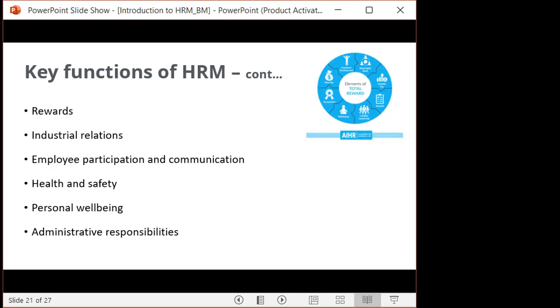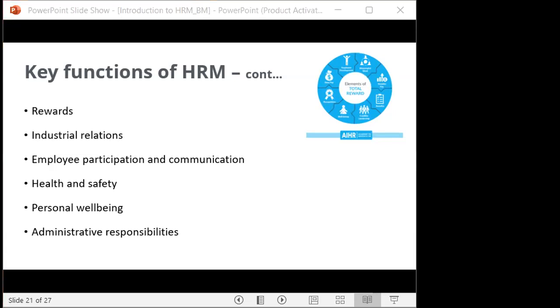Right? So those are the 3 points. Then we have industrial relations. What is meant by industrial relations? Industrial relations is mainly known as the employee-employer relationship, the relationship between the management and the employees. Maintaining a harmonious industrial relation is one of the main key functions of HRM.